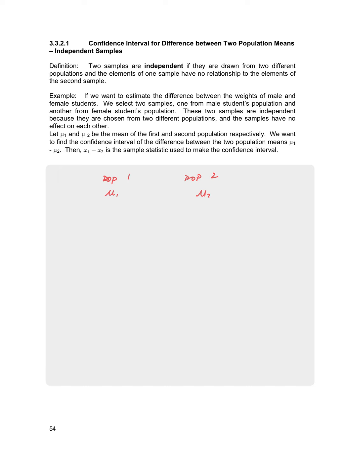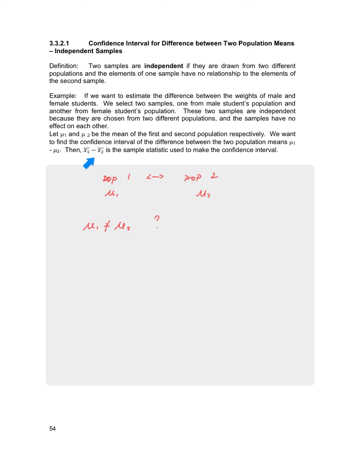So apa yang kita nak tahu sekarang ni, ada beza tak antara population 1 and population 2? Is there, adakah mean population 1 dengan mean population 2 sama atau tidak?